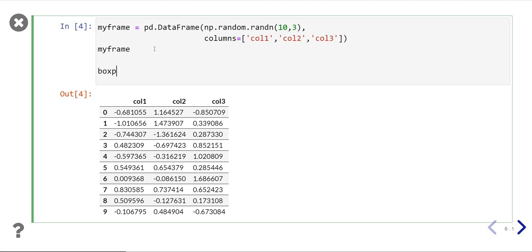So you call the box plot, which equals my frame dot box plot.